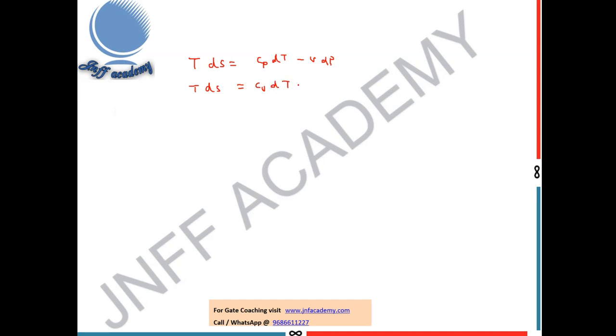If your process is isobaric, then the change in pressure, this dP, will become 0, right? This term will become 0. So for isobaric process, it is very easy that we can write like this.